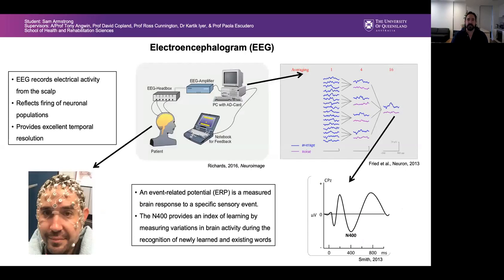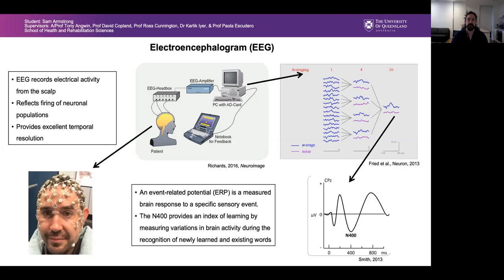EEG is commonly used to examine brain activity during word learning. The advantage of EEG over other neuroimaging techniques is that it provides superior temporal resolution. High temporal resolution is necessary to identify rapidly changing brain activity, such as the processes that unfold during word learning. A common technique for analysing EEG data is to calculate an event-related potential, or ERP.